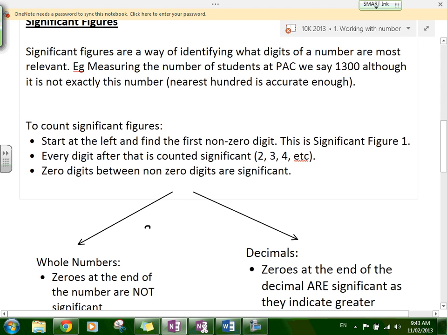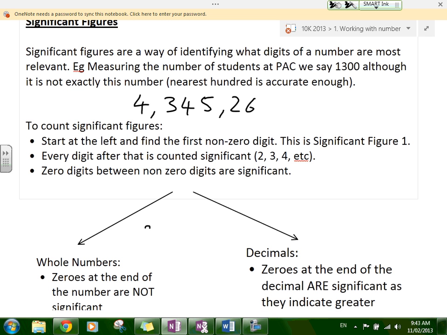So I'll put up an example of a number here, and then we'll do it a couple of times. So let's put something like this. 4,345,260 is the number that we have here. Now, to count significant figures, you start at the left and find the first non-zero digit.